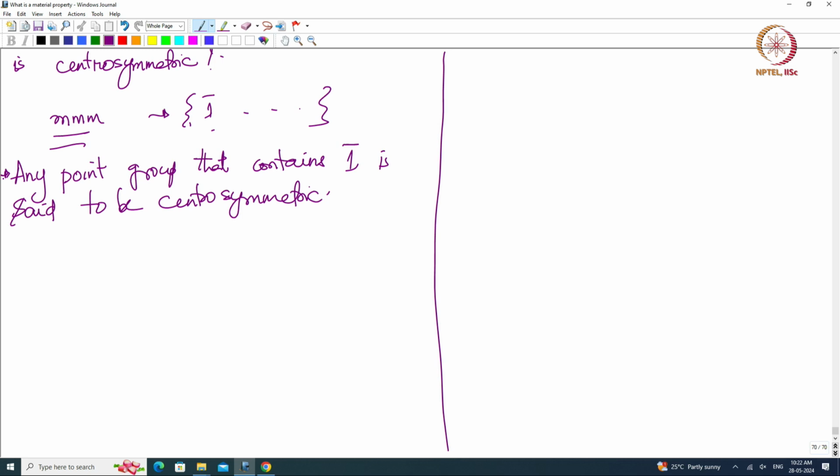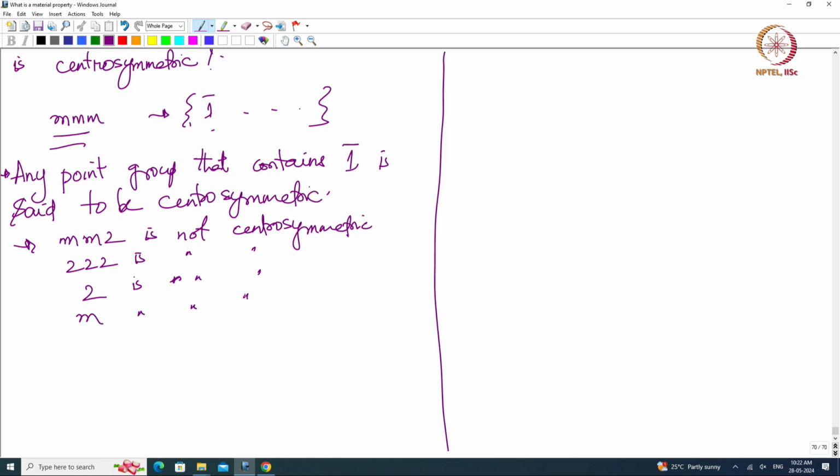So, for example, something like m m 2 is not centrosymmetric. Something like 2 2 2 is not centrosymmetric, something like 2 is not centrosymmetric, right. Something like m is not centrosymmetric, something like 2 by m, however, is centrosymmetric.